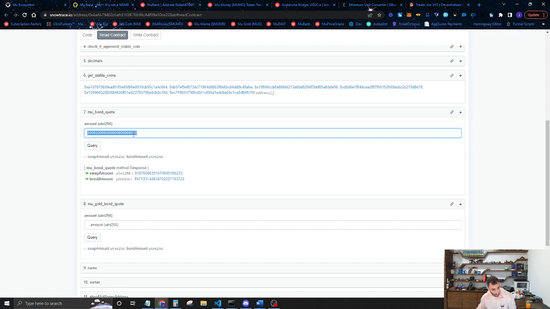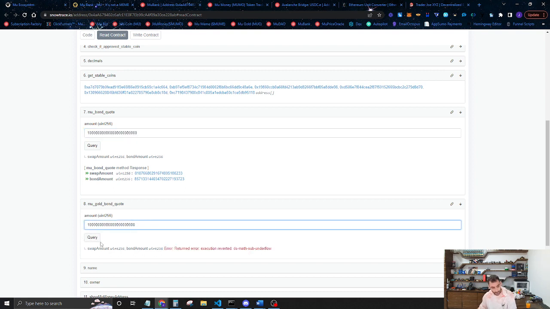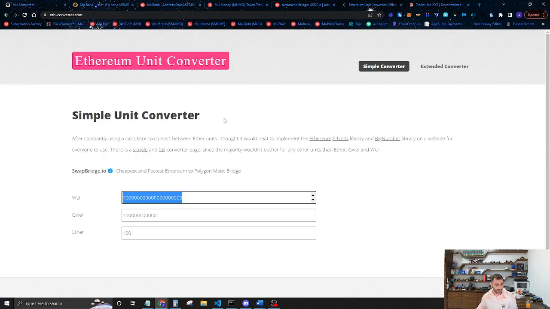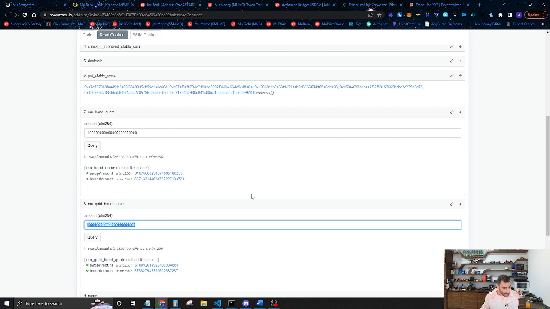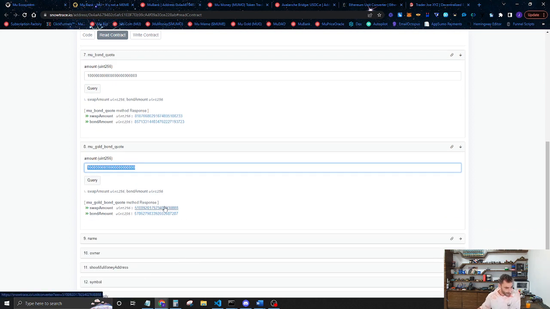If we want to do the exact same thing for mu gold, we can bond mu gold directly from the mu bank. So this is basically showing if we want to spend $10,000. If we were to go in and actually buy from the liquidity pools, this looks like 510 is what we're going to get.